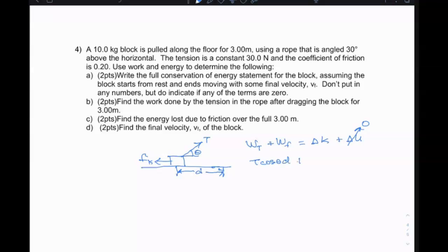And the work done by the friction is going to be equal to minus F_k times d. And that's going to be equal to the change in K. And that's a complete conservation of energy statement of this problem.